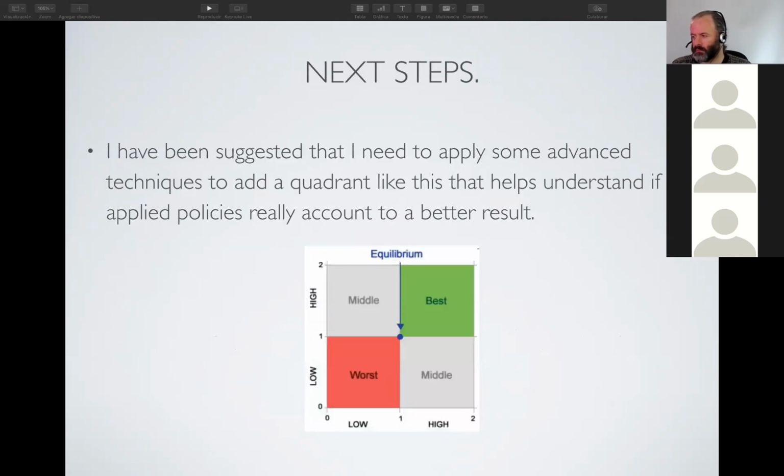So for the next steps, it was suggested that I add a chart like this one, to understand if the model can take us to a better or more sustainable scenario.